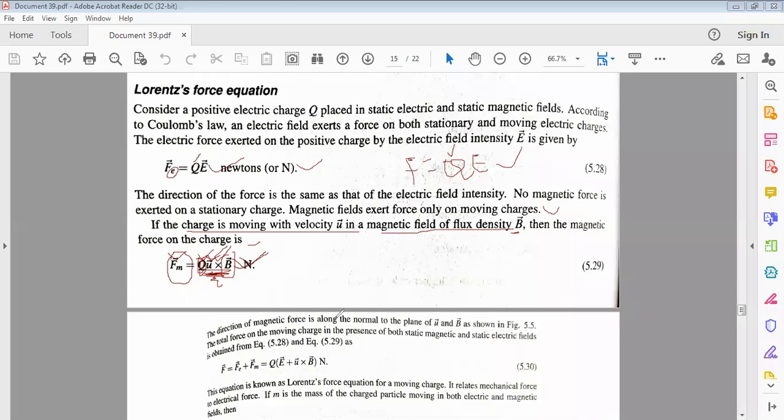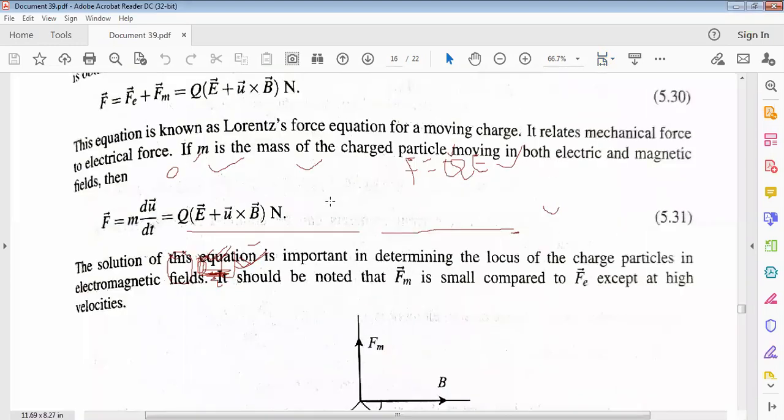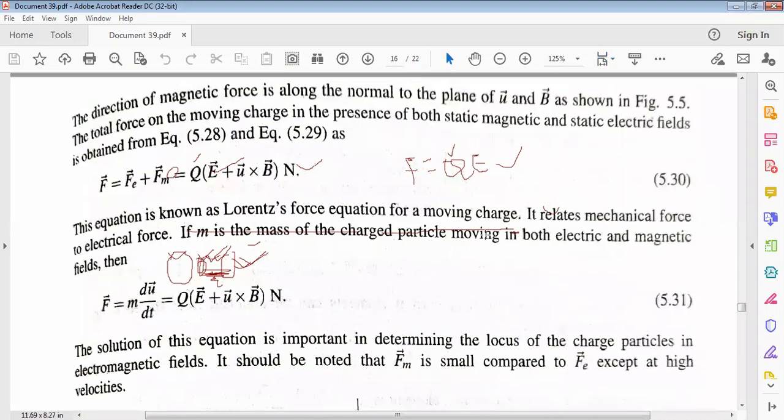The direction of the magnetic force is along the normal to the plane of u and B.